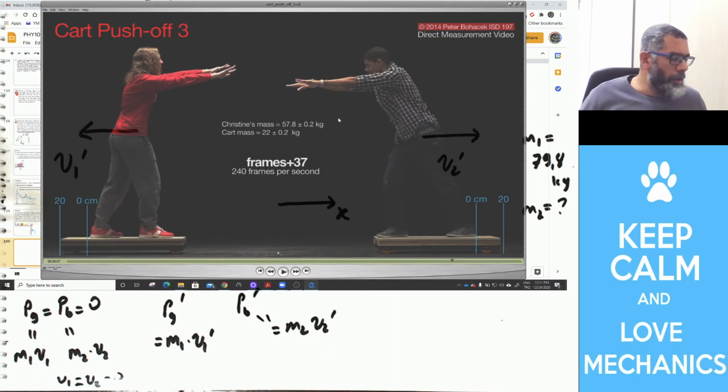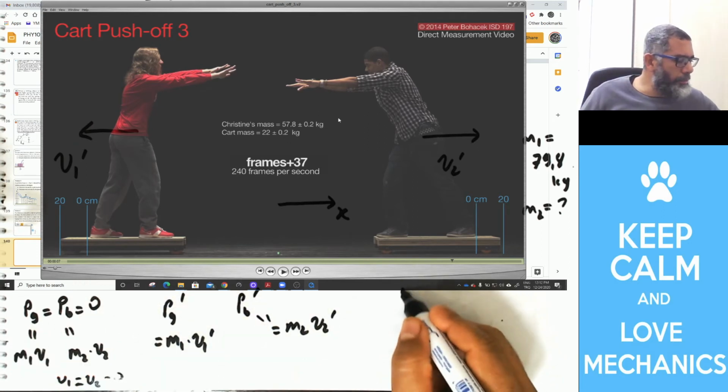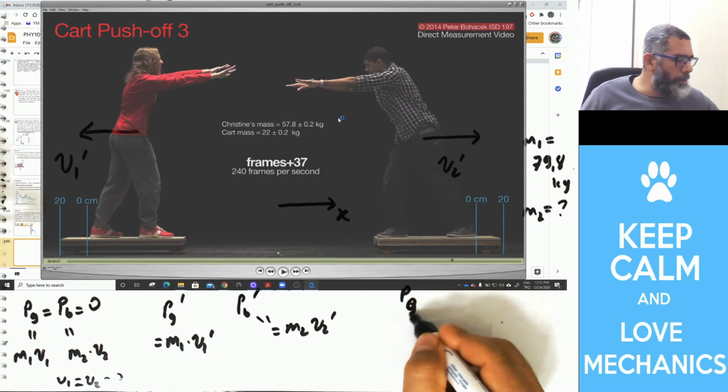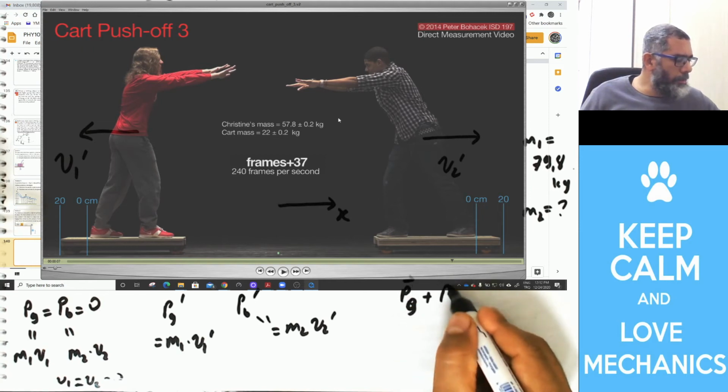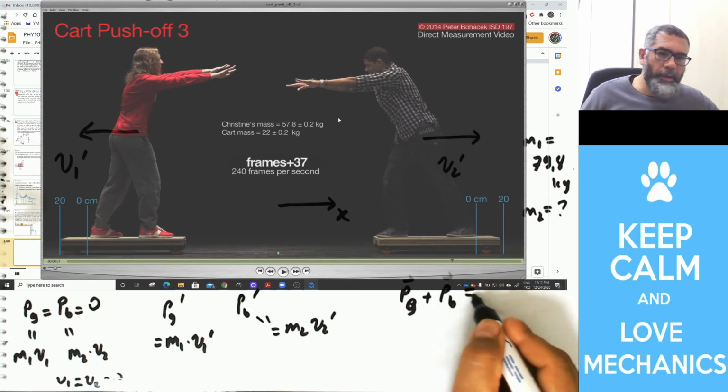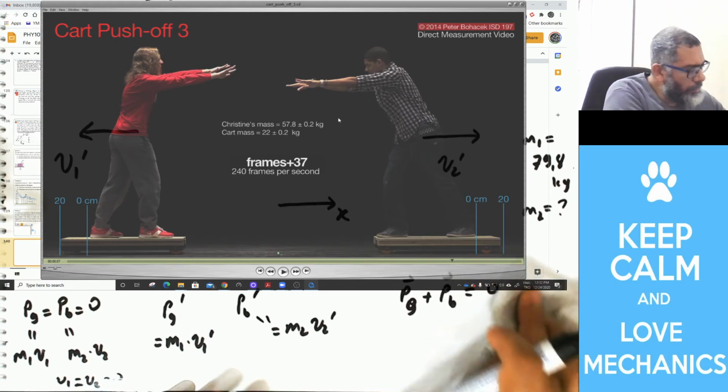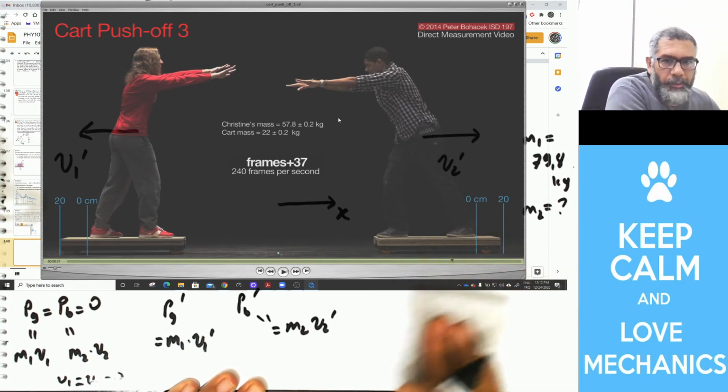All right. So what did I say before that? The system's momentum will be zero all the time because the initial momentum of your system, which is pg plus pb, is zero.